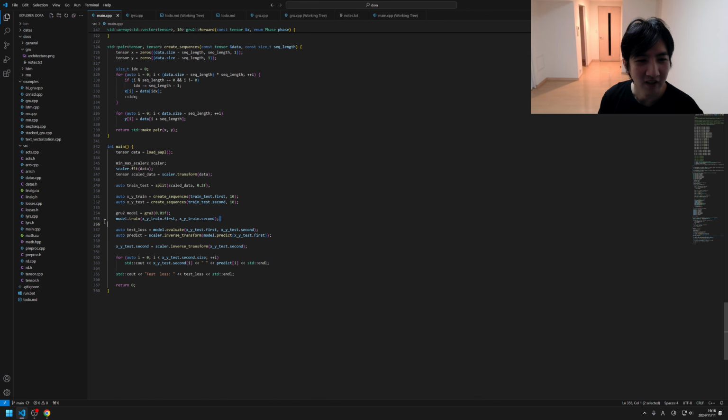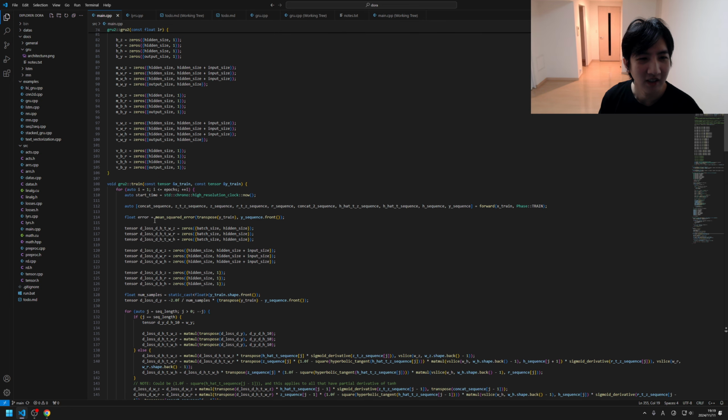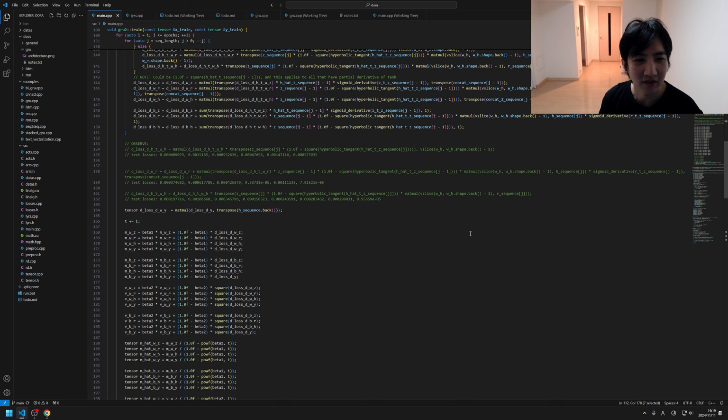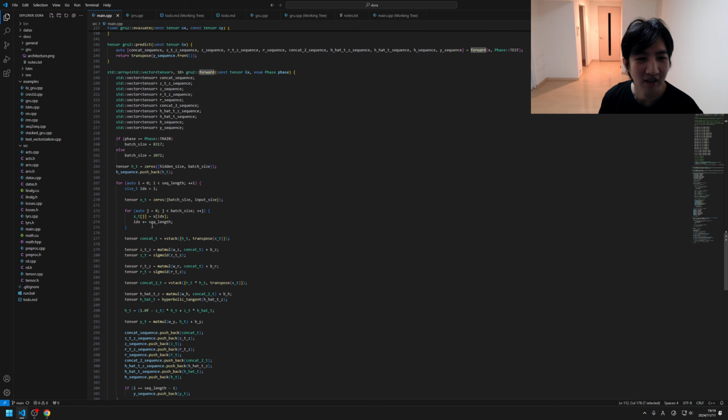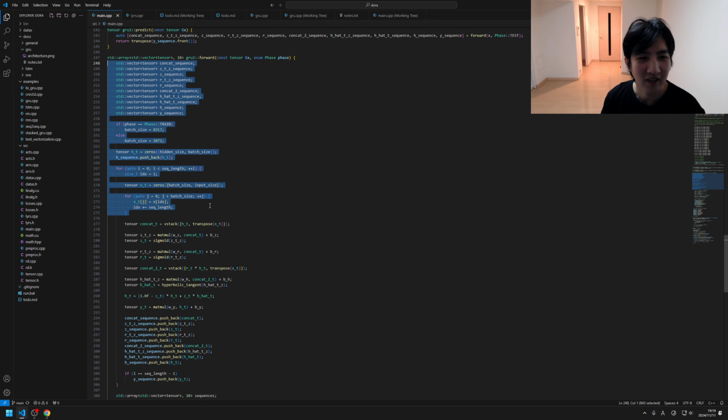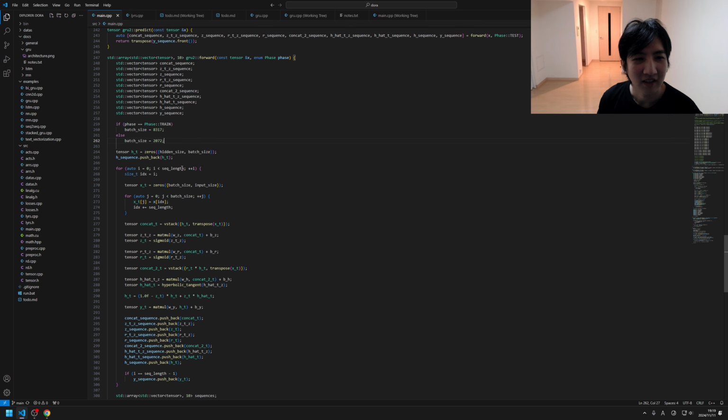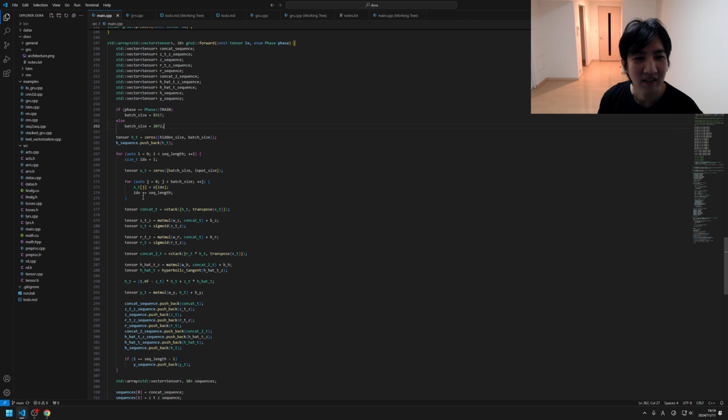And after initializing the class, I call the train function, which is this one. First, I call the forward function, which does forward propagation. Up to here, it's almost the same.